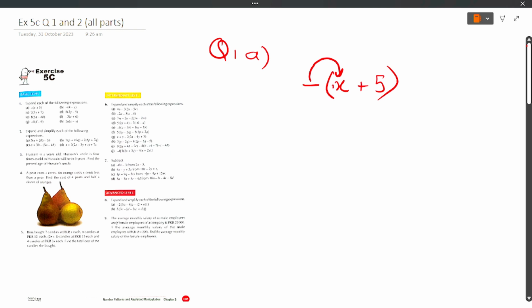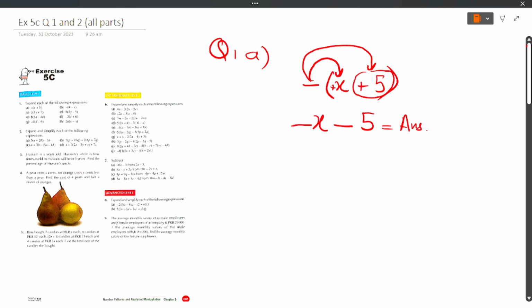Plus, because there is no sign, it means it has plus sign. And I am going to multiply this minus with this one as well. So what is the sign with this y? This 5? Plus. So first minus, minus plus minus, and what is next? X. Then minus plus minus. What is next? 5. That's the answer.